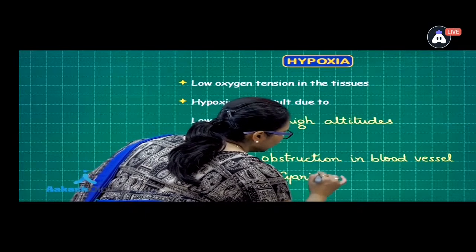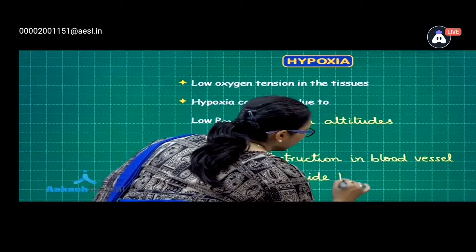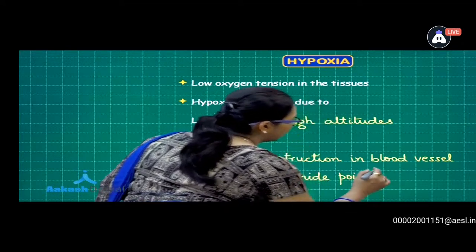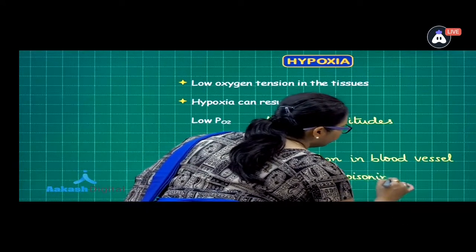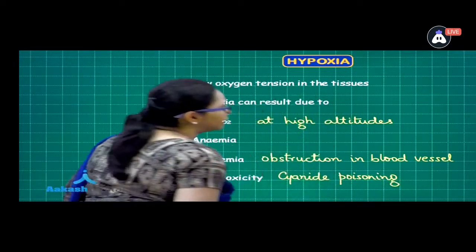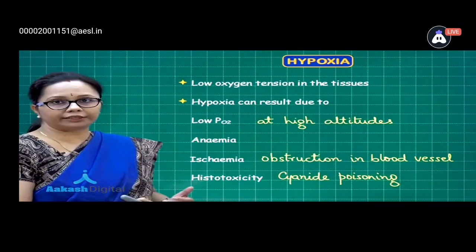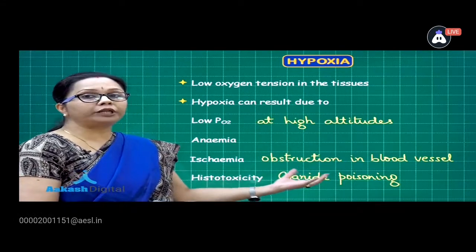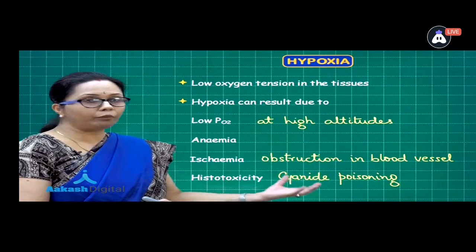Now cyanide, we have studied that it is an irreversible inhibitor of one very important enzyme, that is cytochrome oxidase. And because of that, now the tissue cells won't be able to take up oxygen.